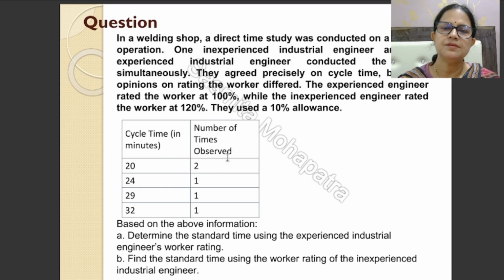So this is the question given. Number of times observed means how many times we have taken the observations. The number of observations is 2 for the first.